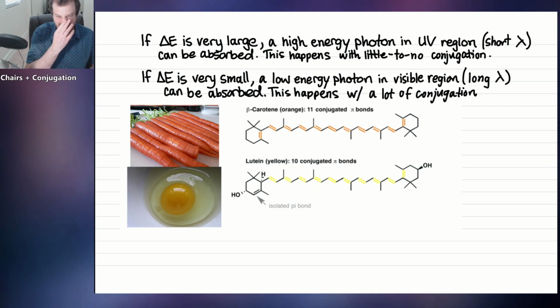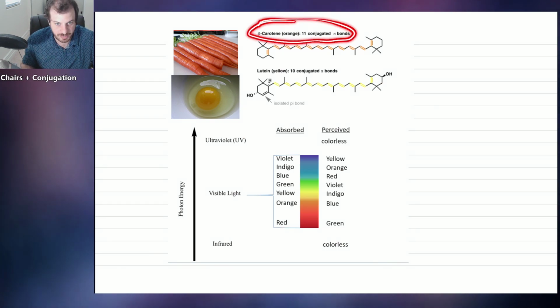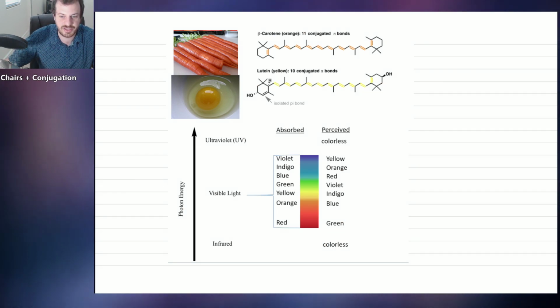And so let's see why carotene with its 11 conjugated bonds appears orange, but lutein with its 10 conjugated bonds appears yellow. So beta-carotene has 11 conjugated pi bonds. I've highlighted them there in the picture. And what you can see is that beta-carotene is more conjugated than lutein.